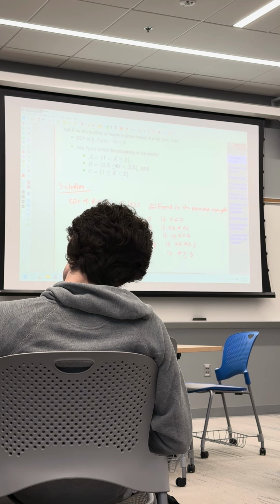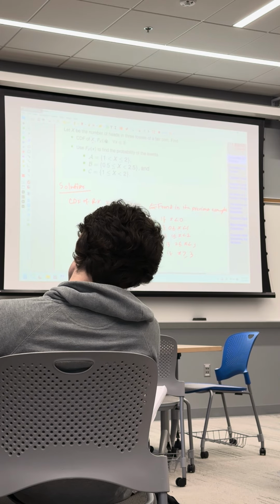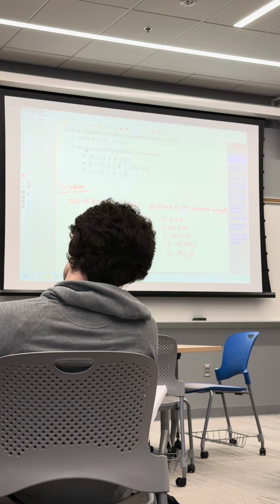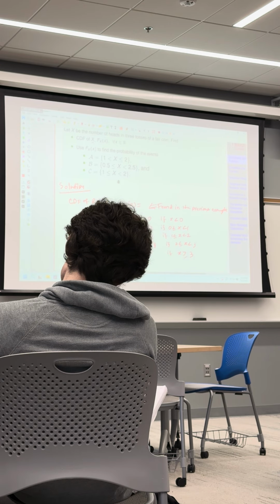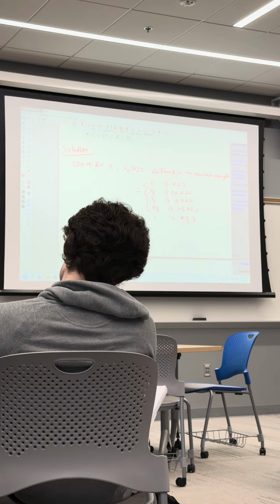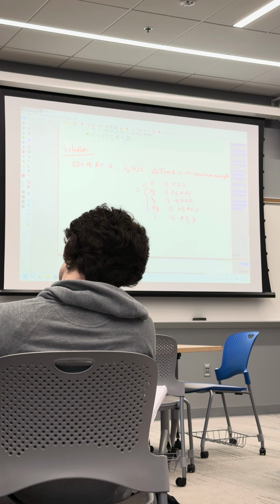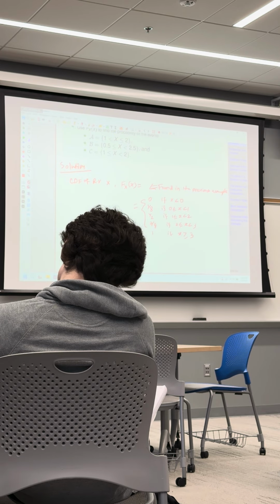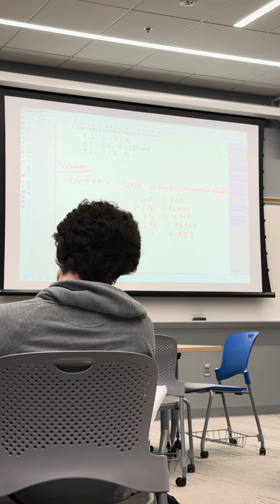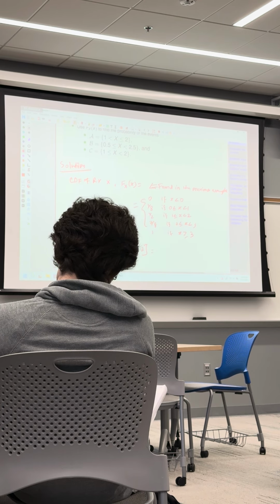So we already found F sub X. Now use F sub X to find the probability of the event. The probability of event A is the probability that 1 is less than X less than or equal to 2.